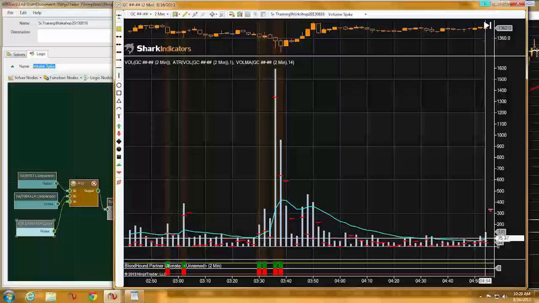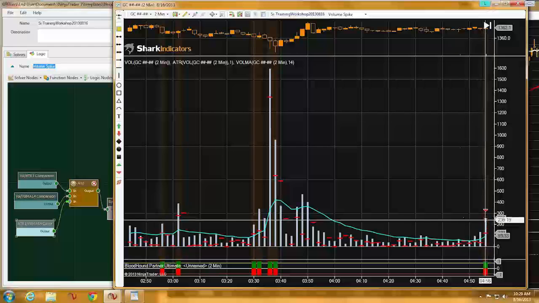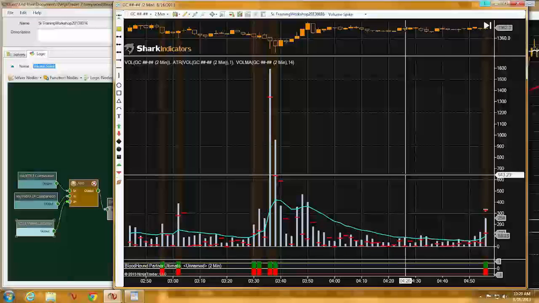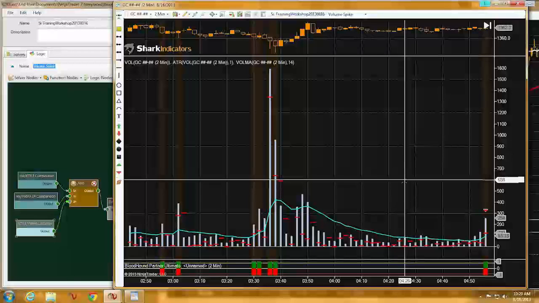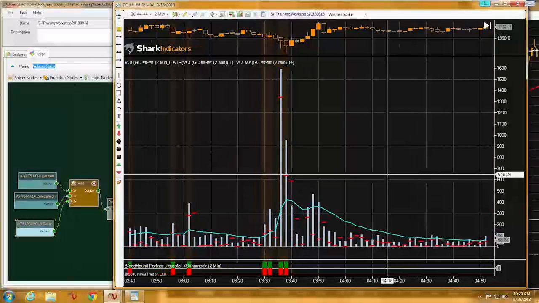So double this volume would be 262, but we have 254, so it's just under double. You know, I would say for most systems that's probably close enough. The market never operates on exact numbers.